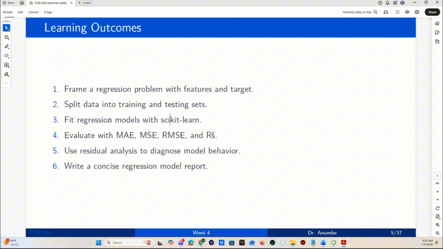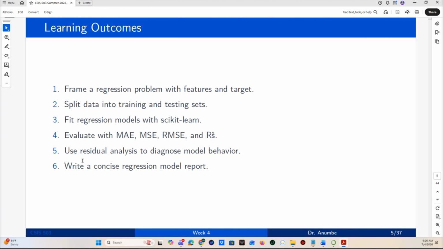So we'd use that to fit the regression model, and then evaluate with MAE, and we're going to talk about what MAE, MSE, RMSE, and R squared are. These are essentially parameters with which you evaluate your errors, right?